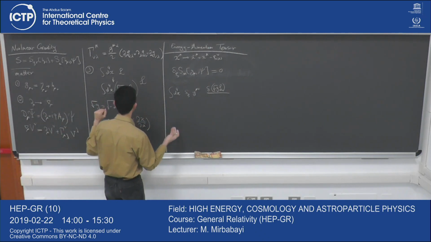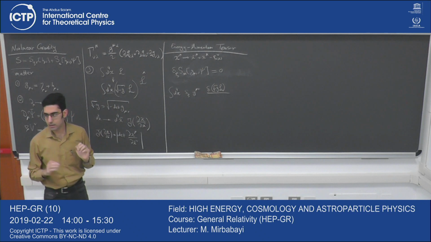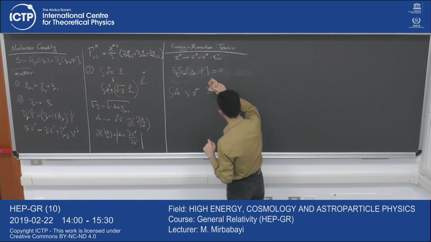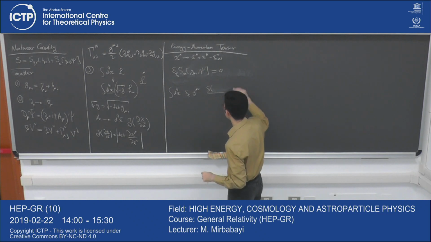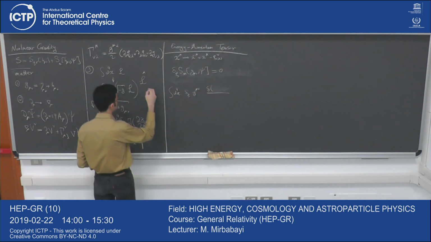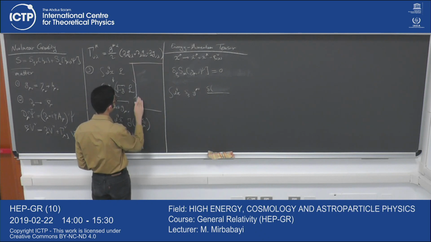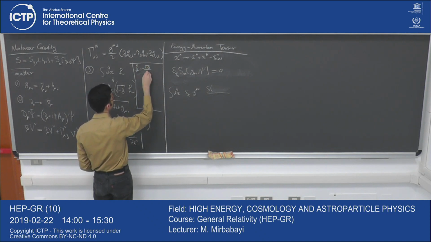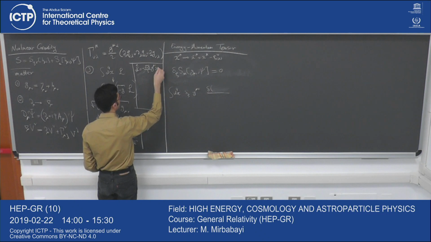So maybe let me call it just L hat. So this L hat is now a scalar density. For instance, to be very concrete, for a scalar field, this L hat will be minus the square root of minus g over 2, g mu nu d mu psi d nu psi.